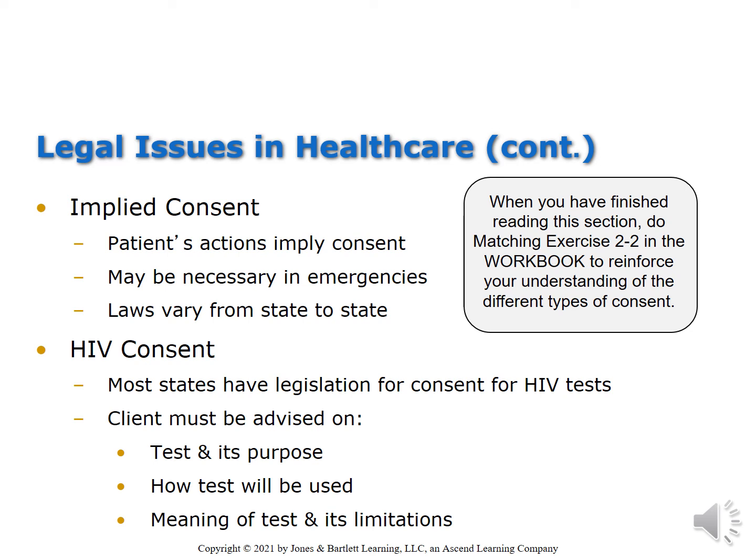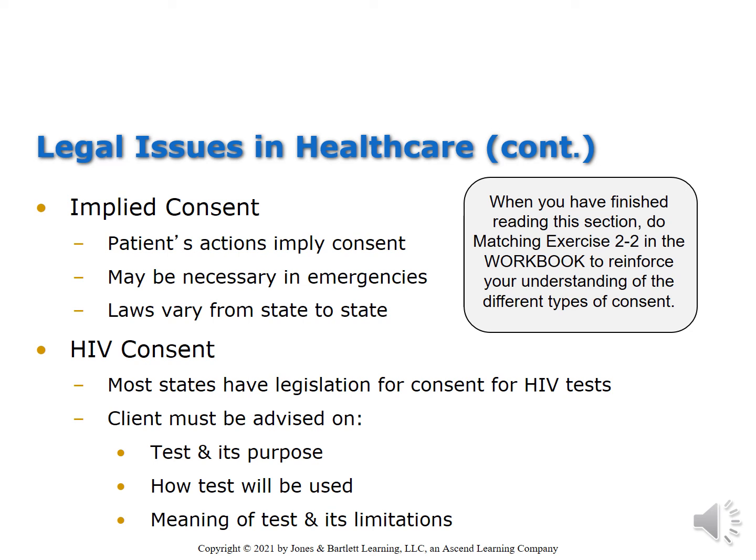So what if your patient is unconscious, or what if they are unresponsive, or what if they don't have the mental capacity to make decisions for themselves? How can you get consent for that patient? In that case, you probably have obtained what's called implied consent. Implied consent is just what it says.